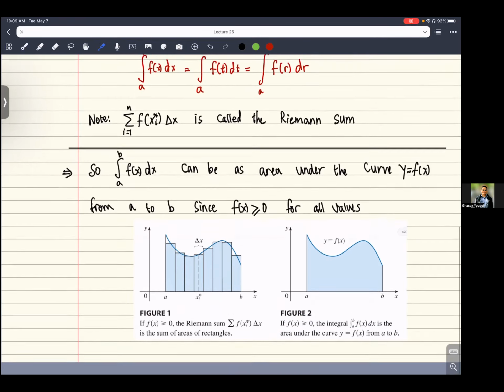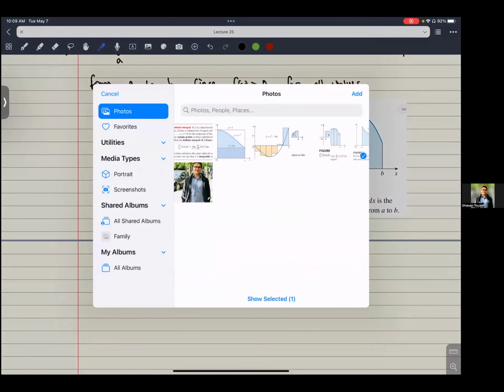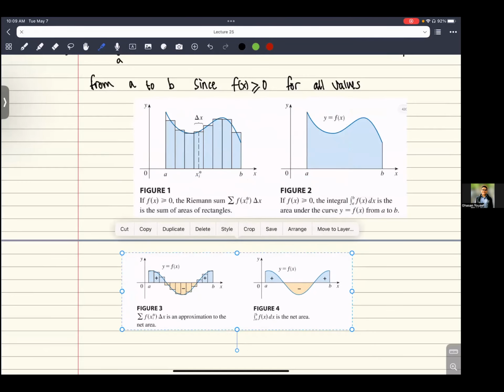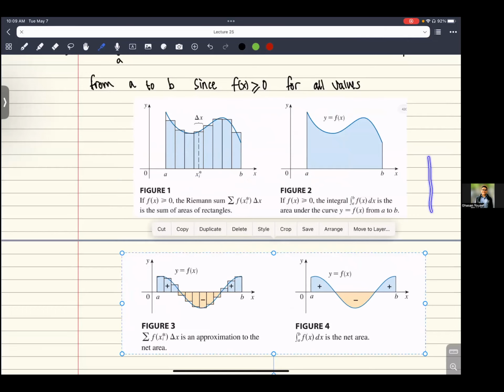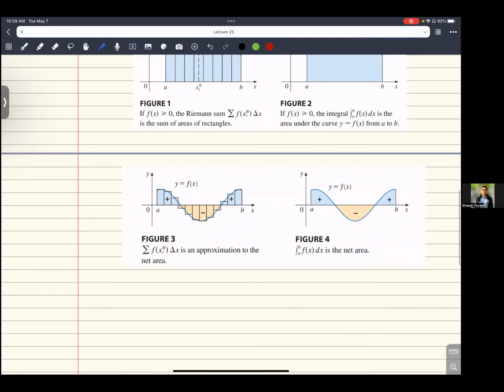What about the function if it has positive values and negative values? What happens to the area? What happens to the integral? Okay, here's another graph. This is the second one. Now, for the second one, look, the function takes positive values, then negative values, then positive values.